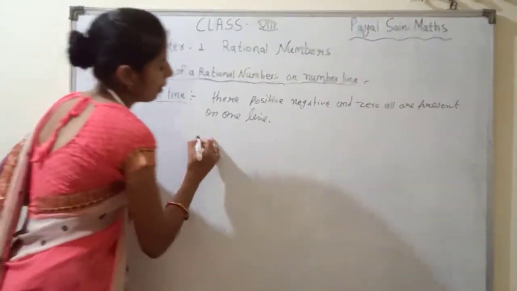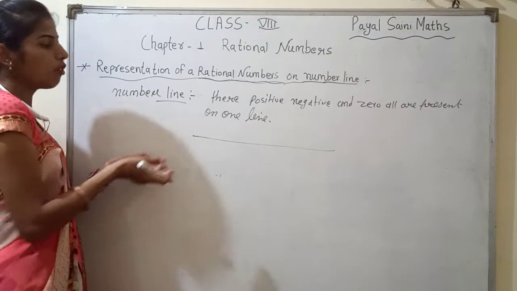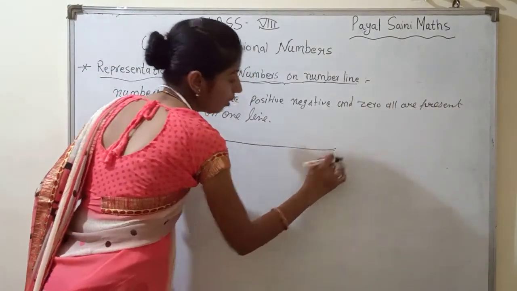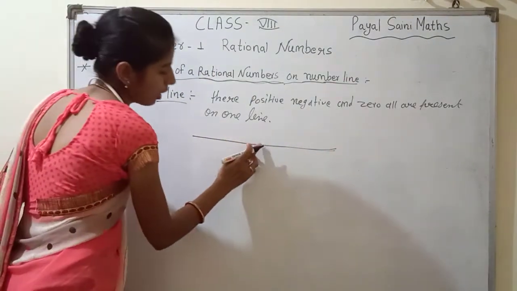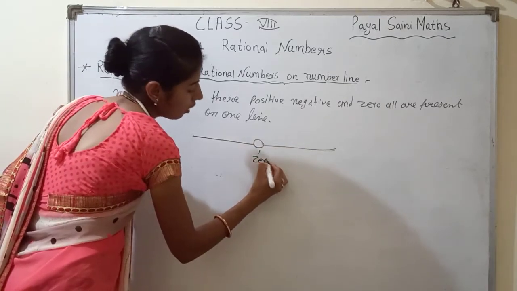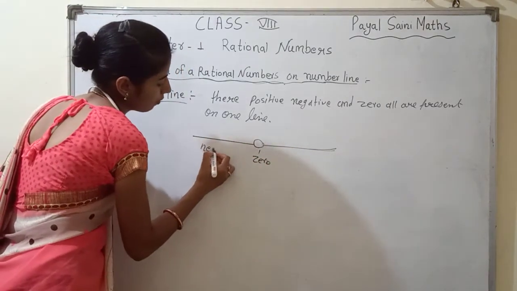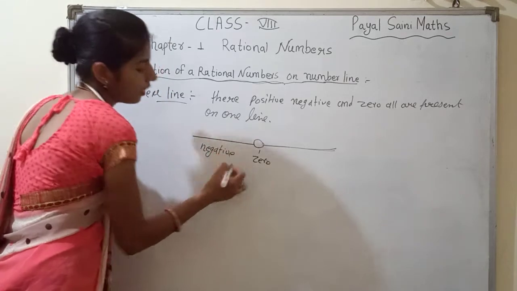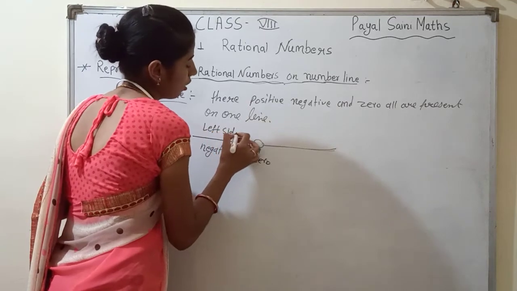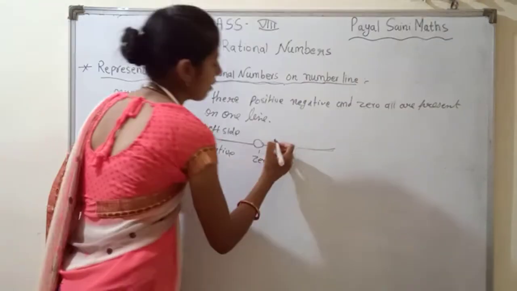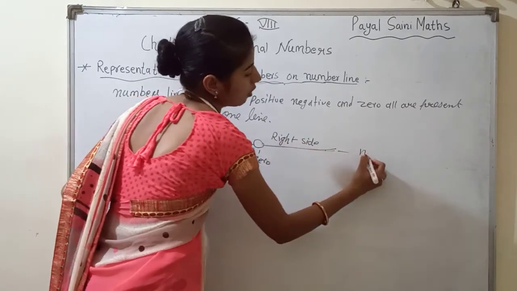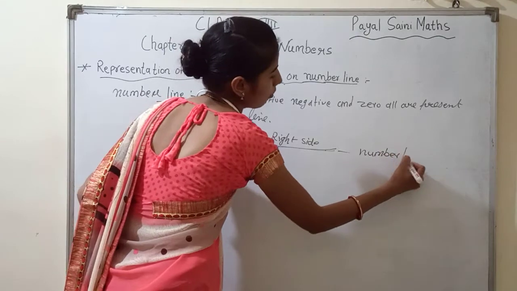Like that, I make a line here. We don't know what this means, so we simply say it's a line. Then in the middle of the line I make 0, and on the left side I write negative, and the right side is positive. This is the left side of the number line and this side is the right side, and it's a simple number line.